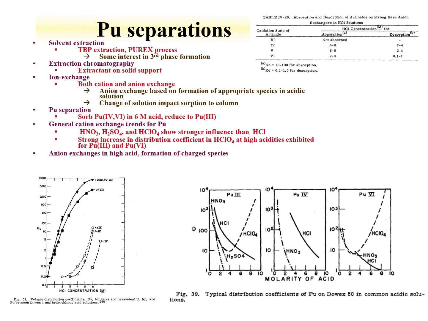In general, for cation exchange trends for plutonium, the nitrates, sulfuric and perchloric acid show stronger influence than the HCl. And there's an increase in distribution coefficients in perchloric acid at high acidities exhibited for plutonium-3 and plutonium-4.